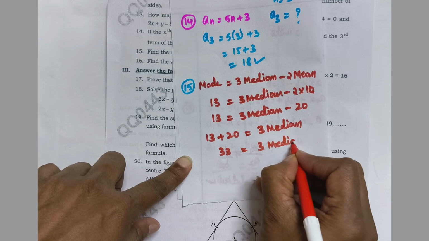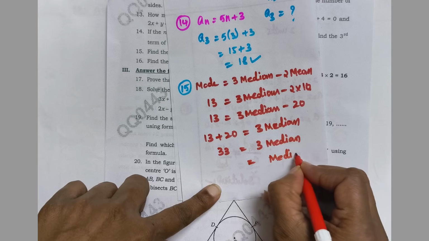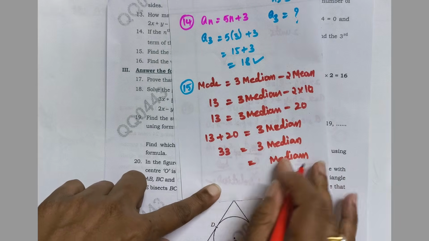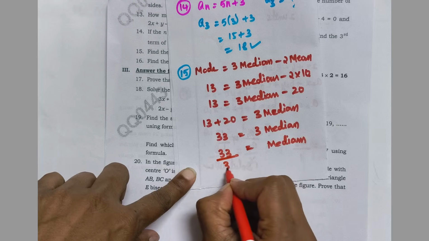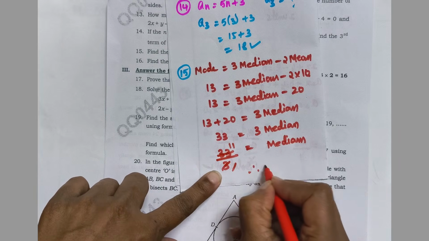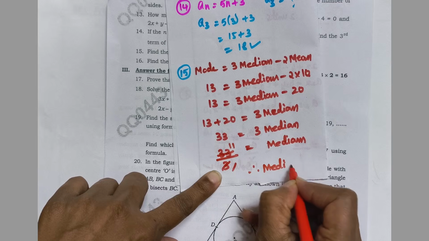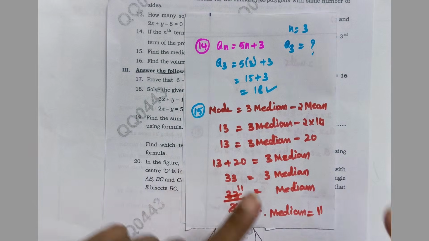Now we want only median, so 33 divided by 3. 3 ones are 3, 3 ones are 3. So median is 11. So keep this formula in your mind: mode is equal to 3 median minus 2 mean.